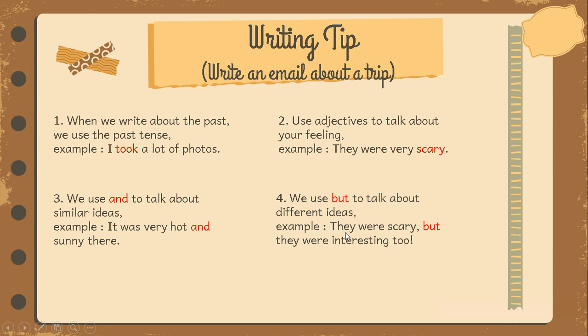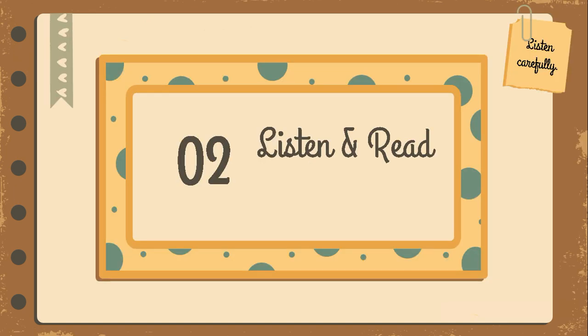For example, they were scary but they were interesting too. Scary and interesting are different ideas. We use "but" to join them together in a sentence. I hope these tips will help you to get a clear idea on how to write an email about a trip later. Now, let's move on to the next activity.